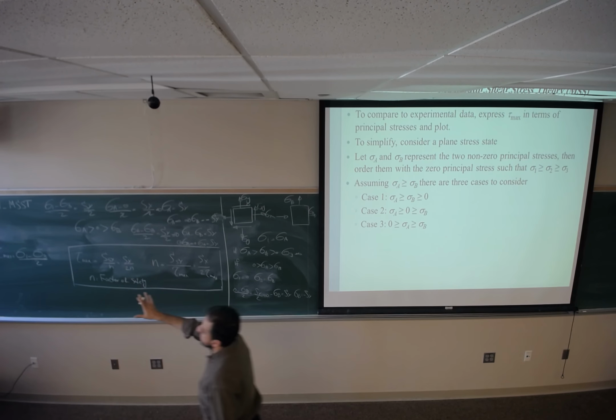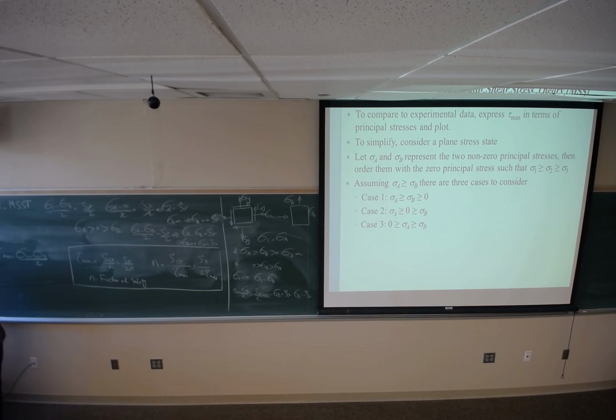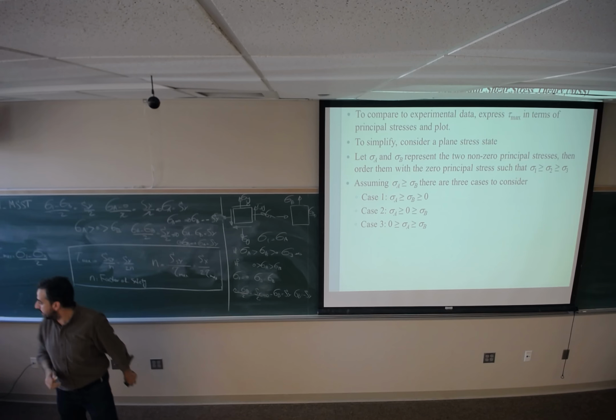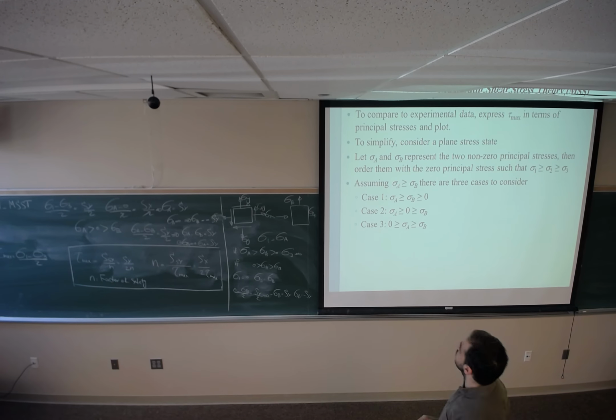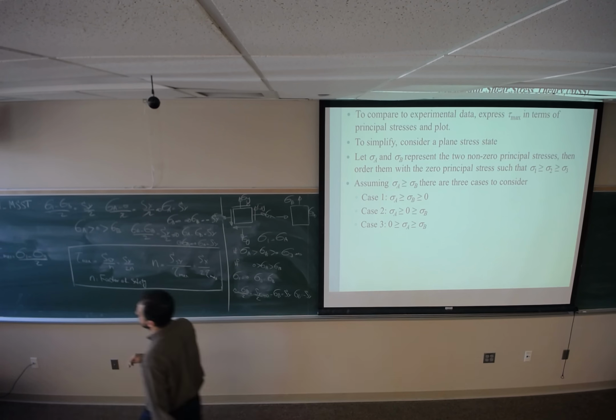So this is the failure criteria for maximum shear stress theory. Any point inside this zone is going to be safe. And any point outside of this zone, we are going to see failure. So this is how the maximum shear stress theory works.